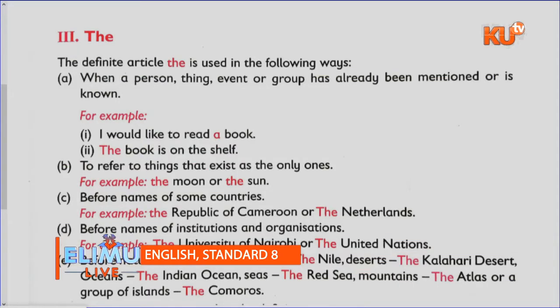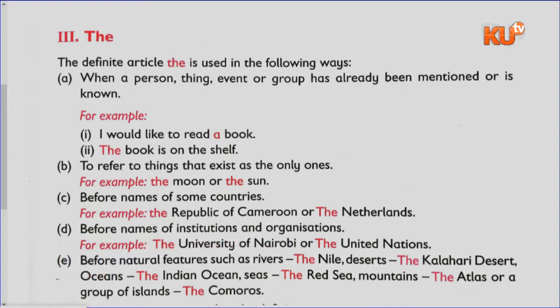First, when a person, thing, event, or group has already been mentioned or is known. When it's aforementioned, something that has already been mentioned can be said to be aforementioned, or when it is known, we use the definite article "the." For example, I would like to read a book.